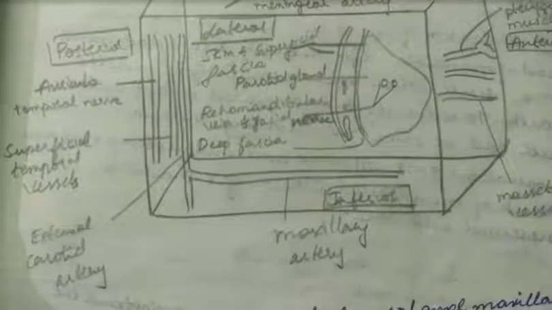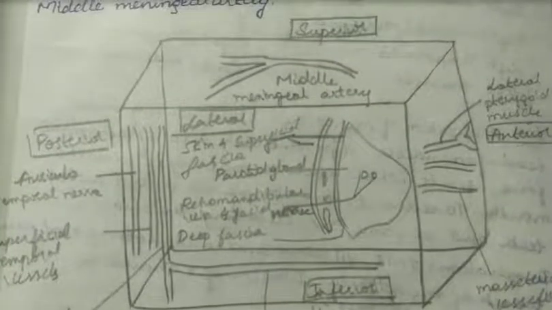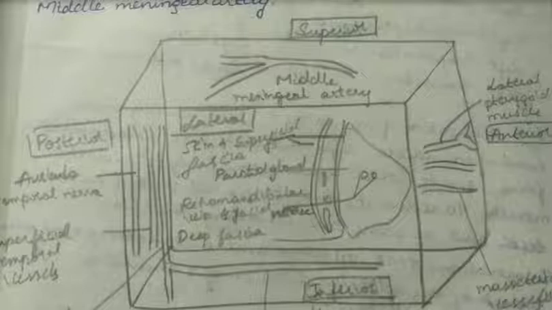Posteriorly, you can see the auriculotemporal nerve, superficial temporal vessels and external carotid artery. Laterally, you can see the skin and superficial fascia, the parotid gland, the retromandibular vein and the facial nerve, and the deep fascia.